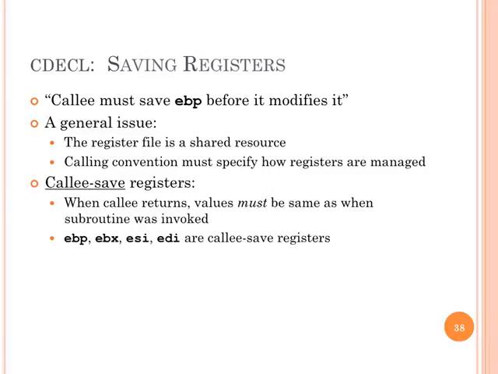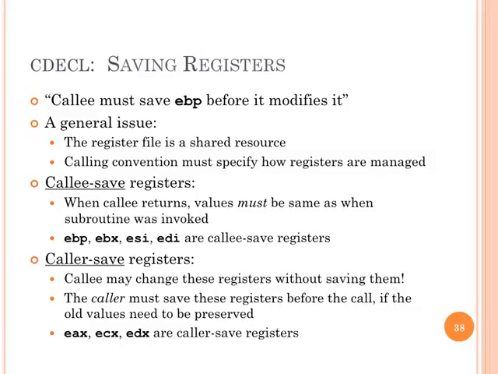Callee save registers, like it says, when the callee returns, the registers better have the same values that they had when the function was invoked. So if the callee changes these registers, it needs to save them on the stack before it changes them. These are the registers that are callee saved: EBP, EBX, ESI, EDI. Caller save registers are ones where the callee, or the subroutine, is allowed to trample on them to its heart's content.